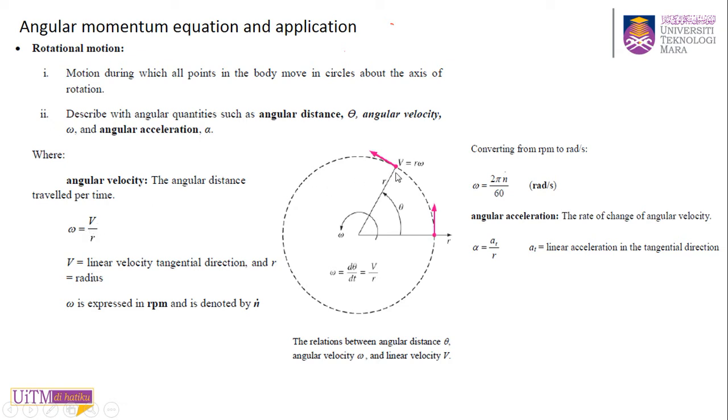V is the linear velocity. The body is moving in a circle, and you have your linear velocity, which is not rotational. So that linear velocity is your V. V, the linear velocity, divided by your radius, this is the radius, will give you your angular velocity.